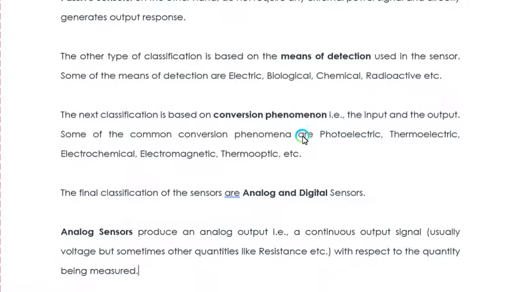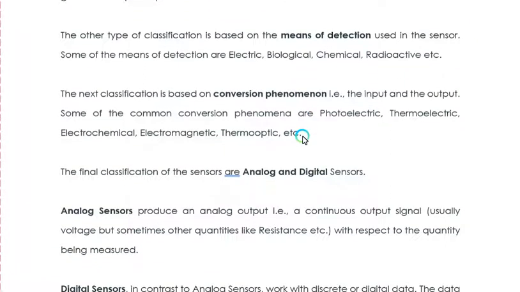So this includes the conversion of your input into your output. Some of the common conversion phenomena are photoelectric, light and electric; thermoelectric, heat and electric; electrochemical; electromagnetic; and thermo-optic, heat and light.